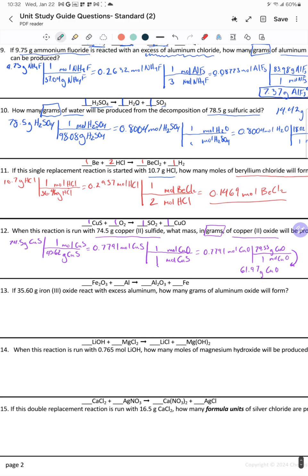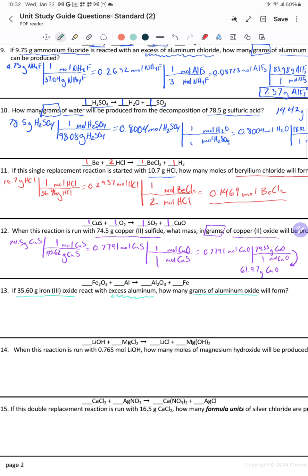All right, last couple. If 35.6 grams of iron 3 oxide, so I'm starting with this, react with excess aluminum, that means there's more than enough aluminum to complete this reaction and use up all 35.6 grams of iron 3 oxide. How many grams of aluminum oxide will be formed?